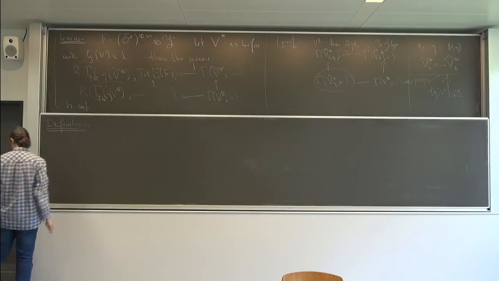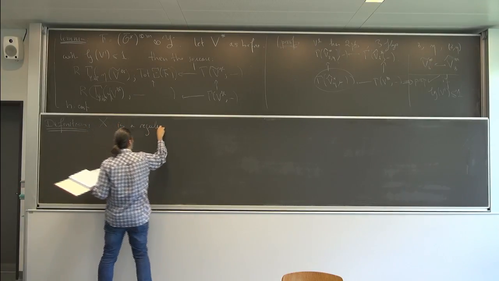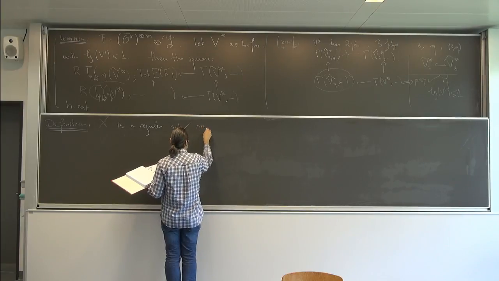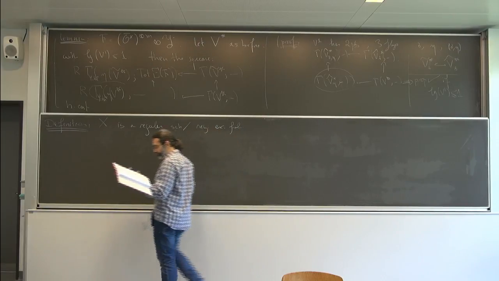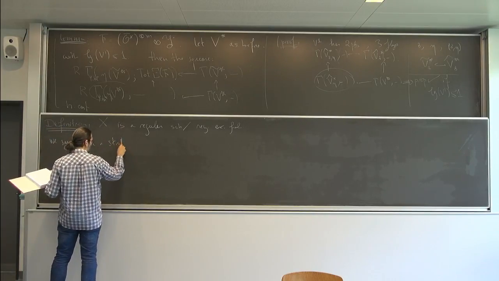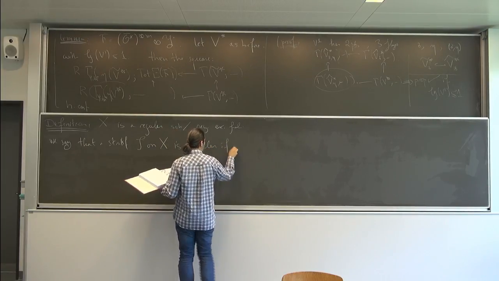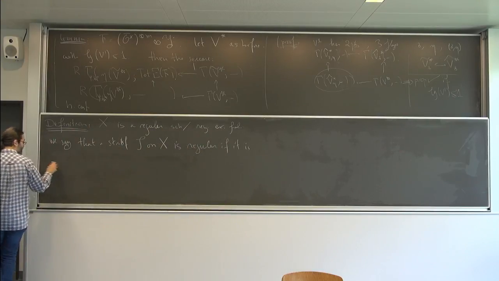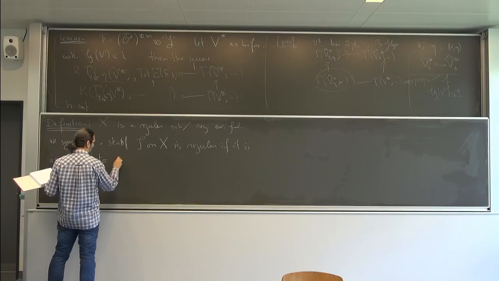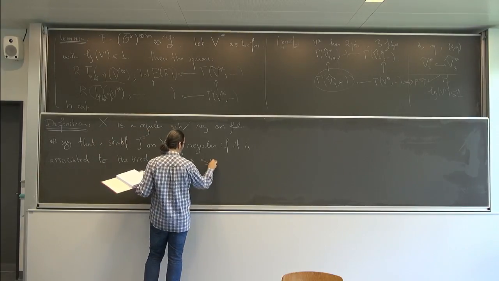So this is the notion of a regular stratification. So we assume that X is a regular scheme or regular excellent foliation. So we say that a stratification S on X is regular if it is associated to the irreducible components of a strict normal crossing divisor.